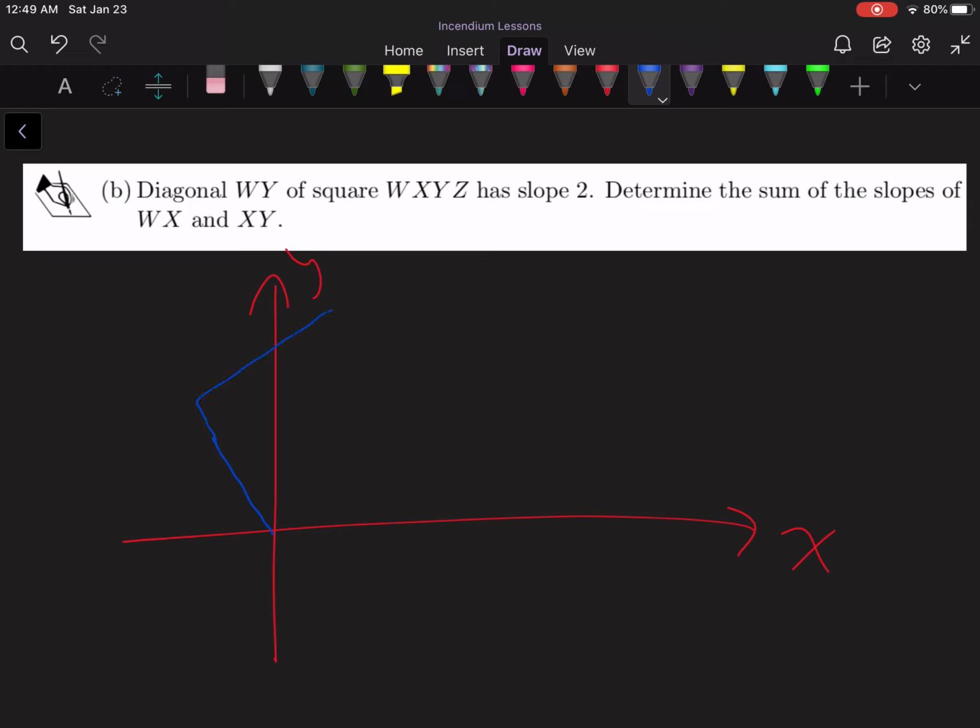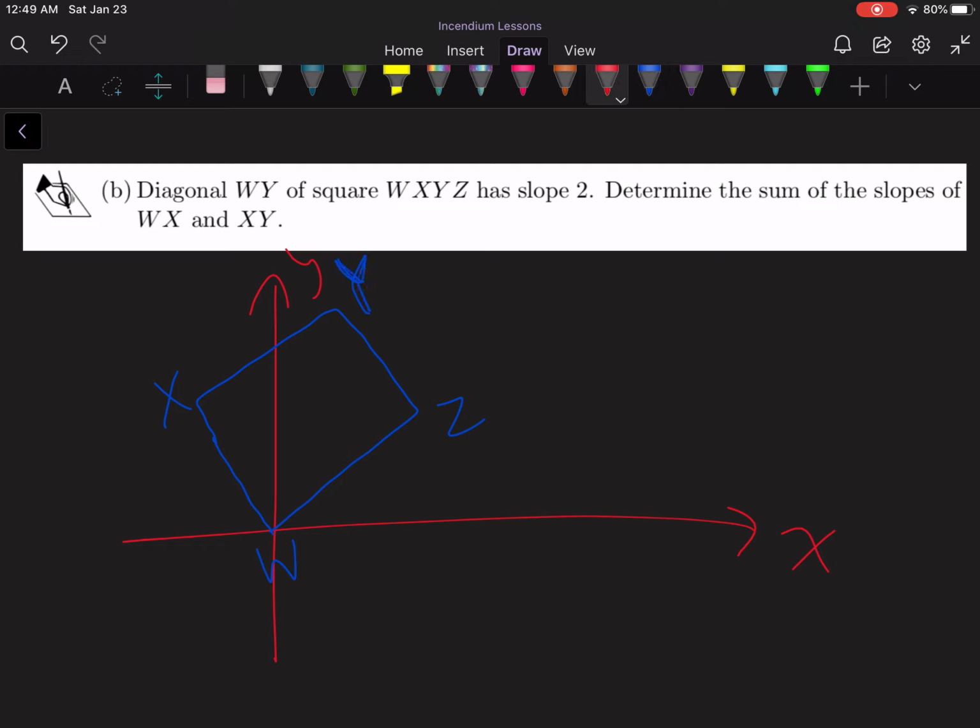As you can see, this video is getting long, so I'm going to try to end it as quickly as possible. Alright, so this is my square. It kind of looks like a rectangle, but yeah. So W, X, Y, Z, these are the 4 points.